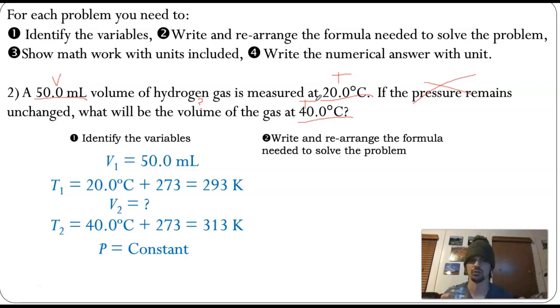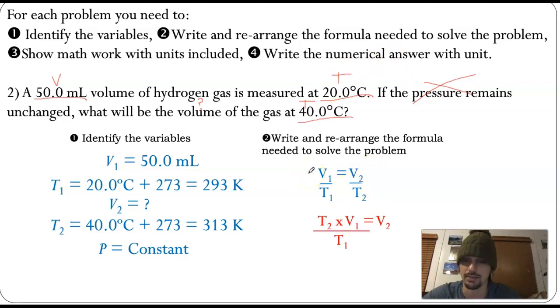What gas law relates volume and temperature? Hopefully you know volume and temperature. We have Charles' law. Now I am solving for V2. So I'm going to rearrange this, move T2 up top, and there's my new equation.